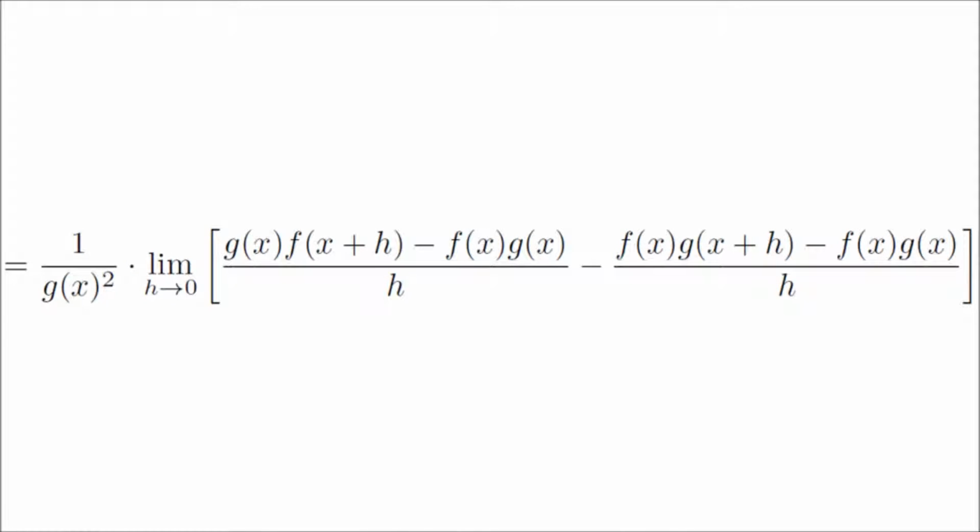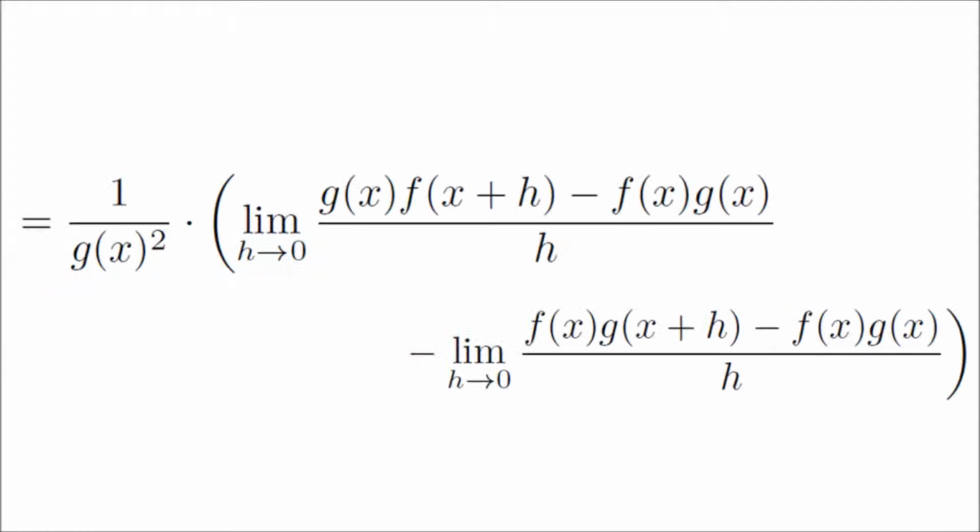Now for the fraction on the right, we can separate this fraction into the difference of two fractions as shown in this expression. Now we can use the sums and differences law of limits to turn this limit of a difference into the difference of two limits as shown here.